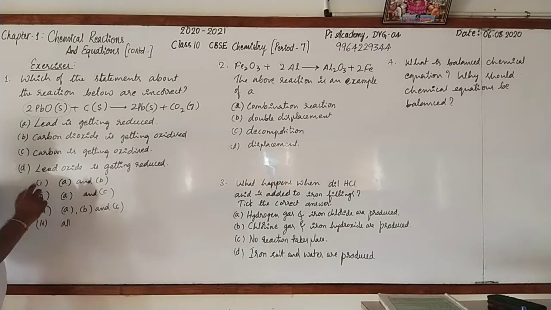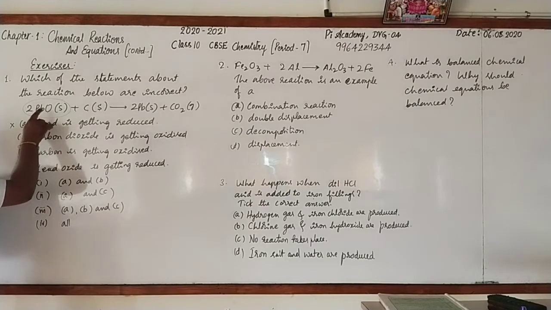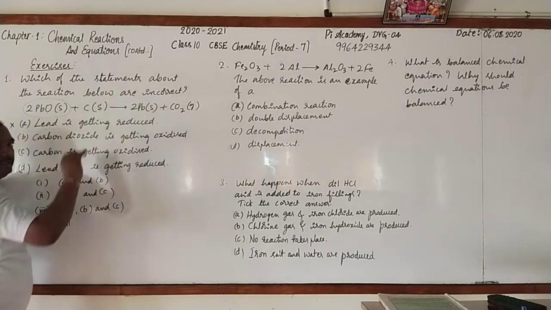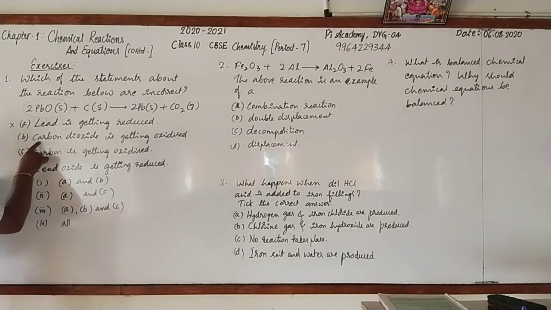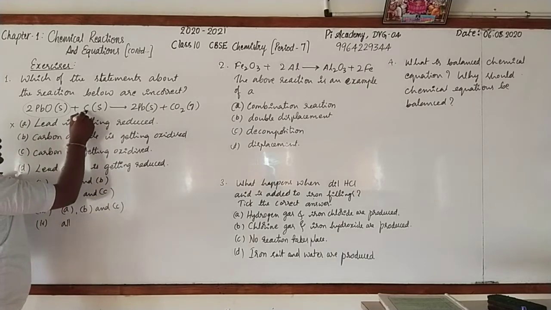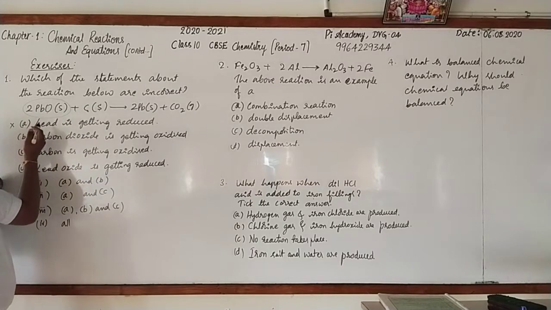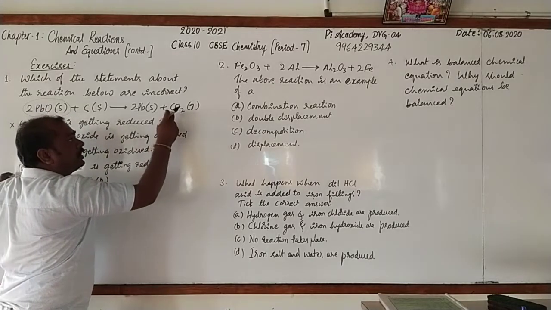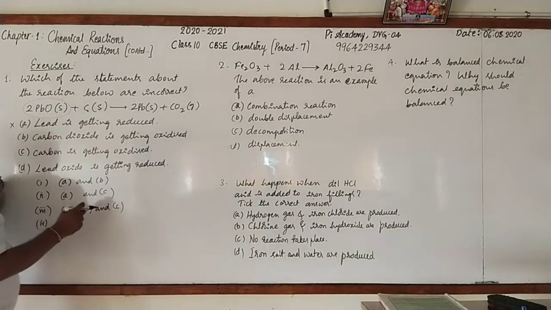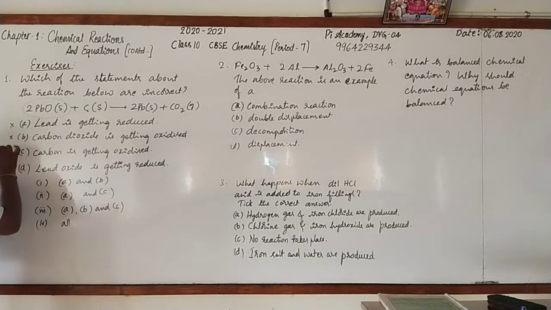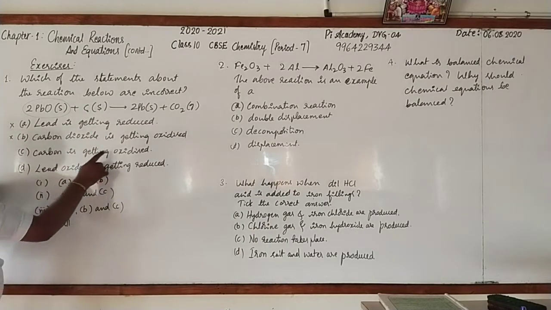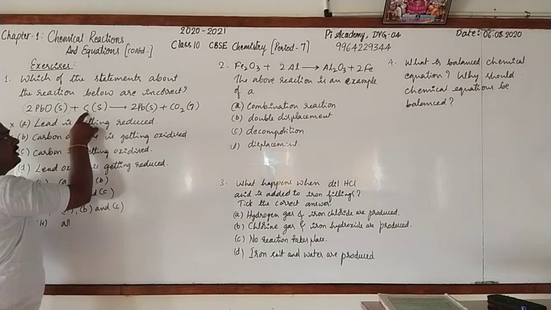Here the statement is, lead is getting reduced. Is it right? No. Why? We know that lead oxide is getting reduced to lead. Next, carbon dioxide is getting oxidized. No. Here carbon will get oxygen from the lead oxide, then it oxidizes to carbon dioxide. This is incorrect. Then carbon is getting oxidized. Yes, certainly.